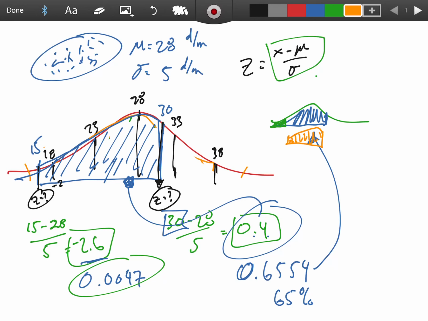I'm going to take 0.6554, and I'm going to take away from it this little one, 0.0047, and I'm going to get 0.6507.